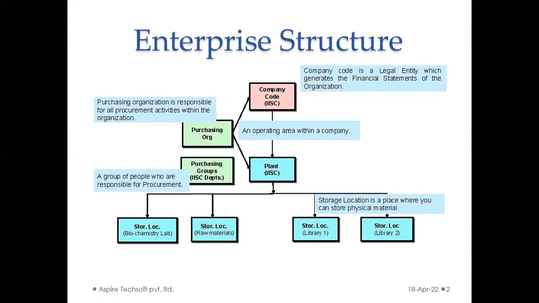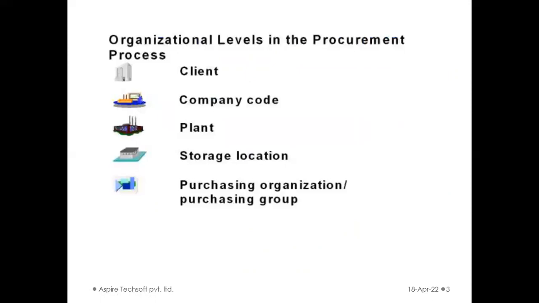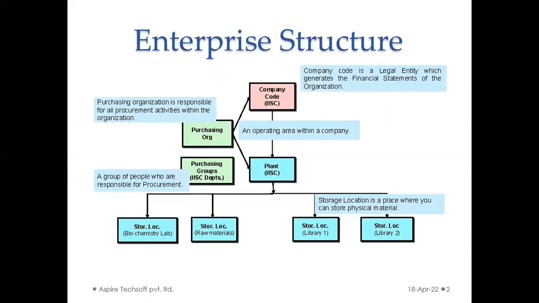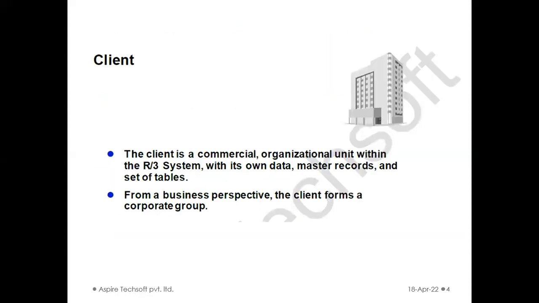The organizational structure in MM consists of the following organizational levels. These are client, company code, plant, storage location, purchasing organization, and purchasing group. So, client is a commercial organizational unit within R3 system.